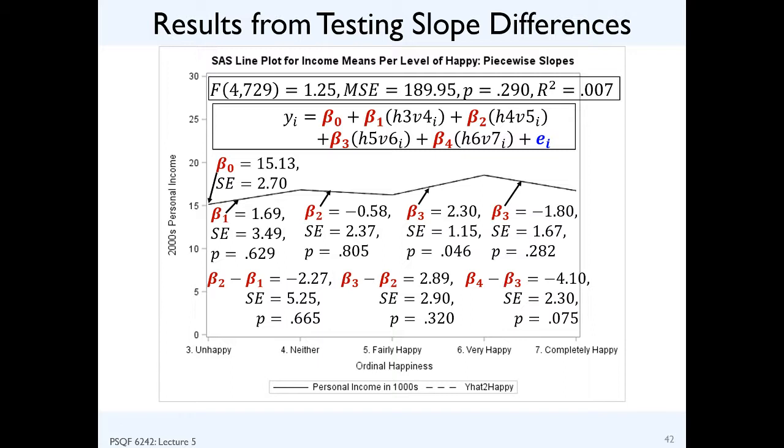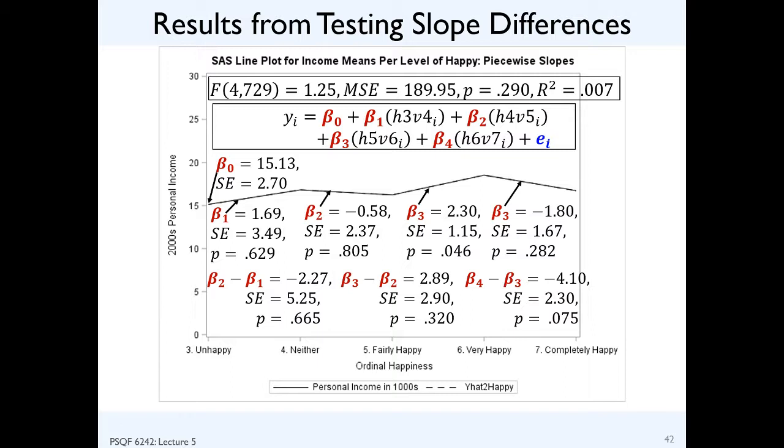If we look within each of these, beta 0 is the expected income for somebody who is unhappy, $15,000. Beta 1 is the first piece here. The difference between unhappy and neither is 1.6, which is not significant.